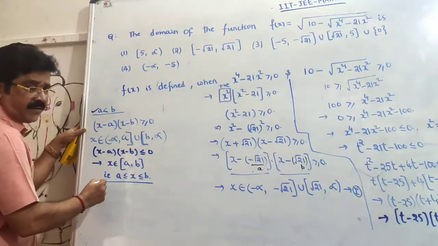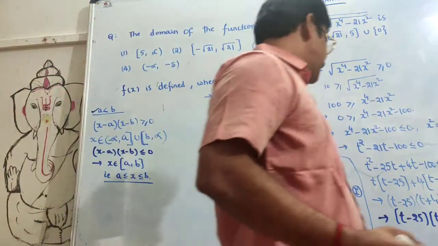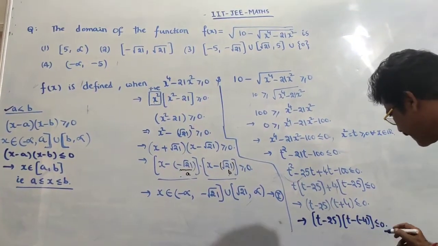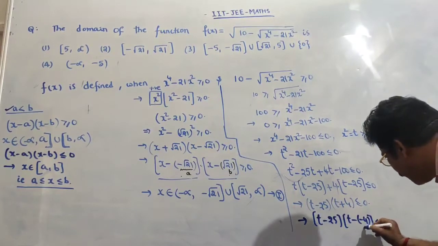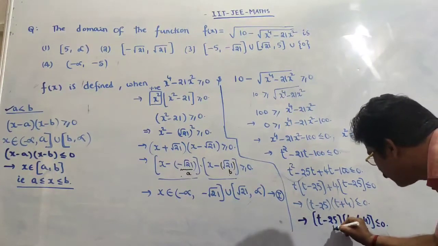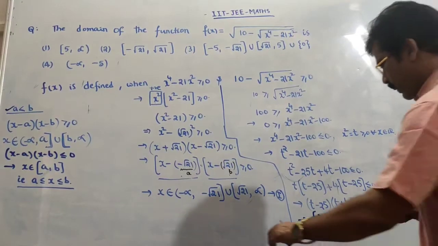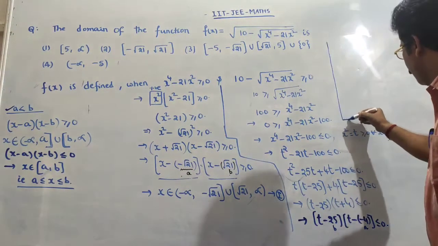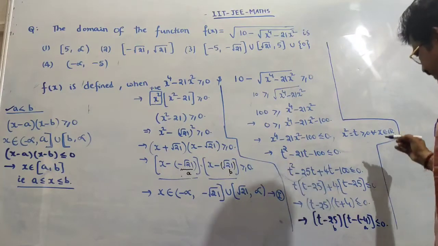It is another form, of course. So compare with x minus a into x minus b. A means what? The smaller number, minus 4. B means what? 25. So x belongs to the closed interval of a comma b.